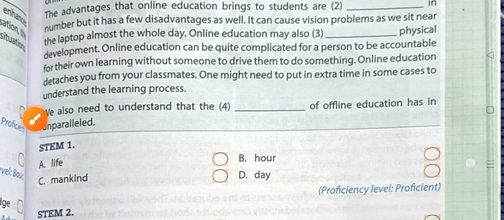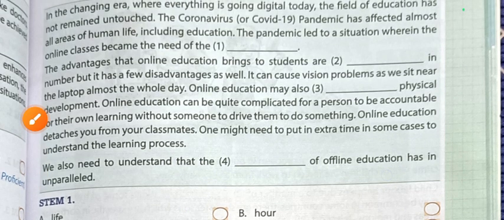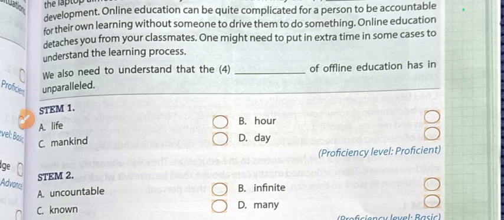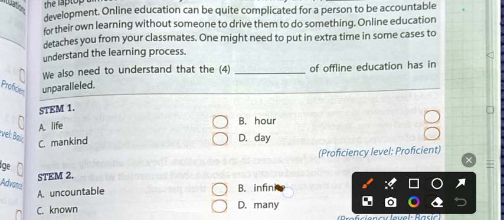The advantages that online classes bring to students are uncountable or infinite. So infinite, I guess, is the most correct. The advantages that online education brings are uncountable or infinite in number, but it has a few disadvantages as well.